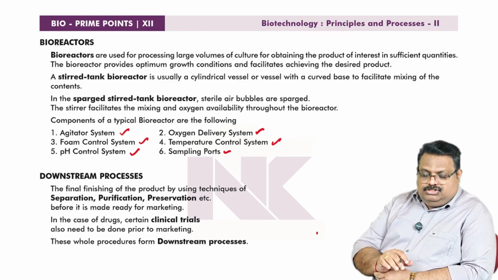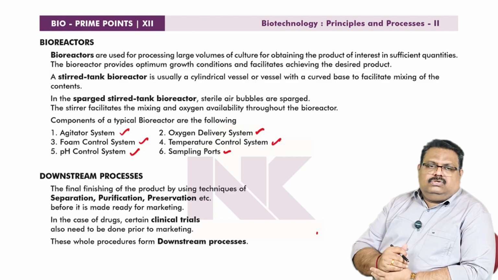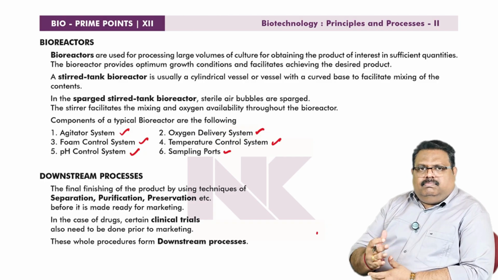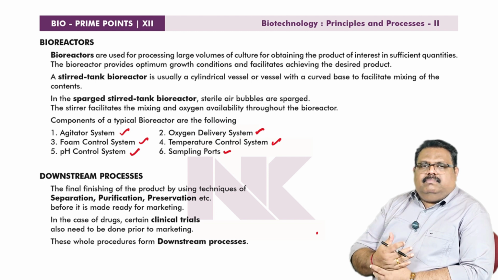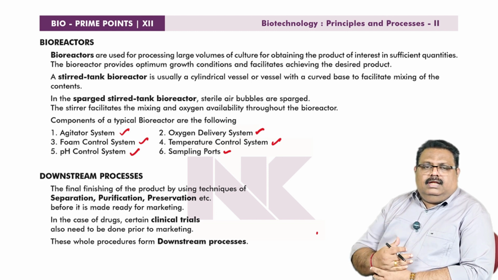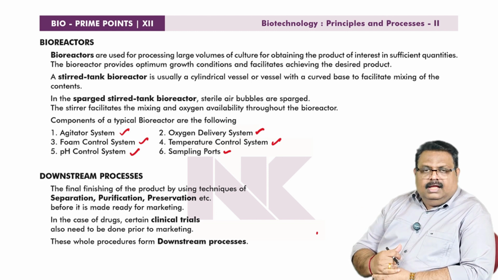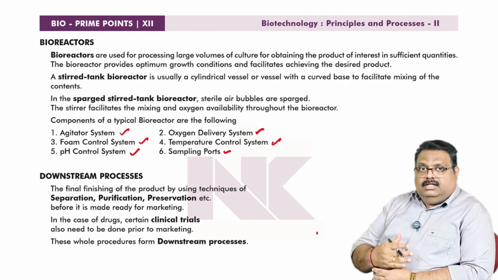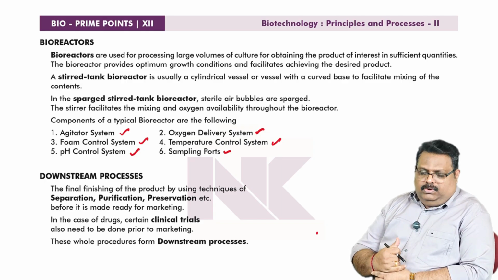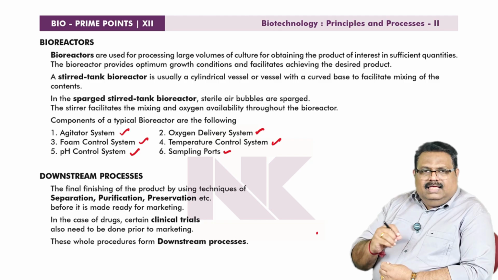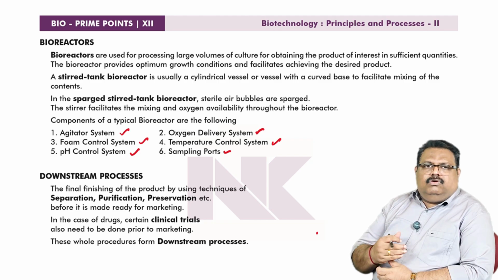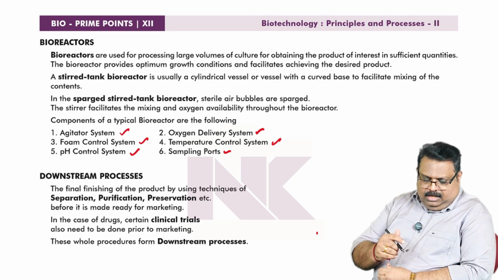These are the components essential for a bioreactor. So, a bioreactor is nothing but an equipment where large volumes of cultures can be made to get the desired product in adequate amounts. And finally, once the product is produced, the product, as you know, is called a recombinant protein. It can be cleared, preserved, and made ready for marketing by a mechanism.